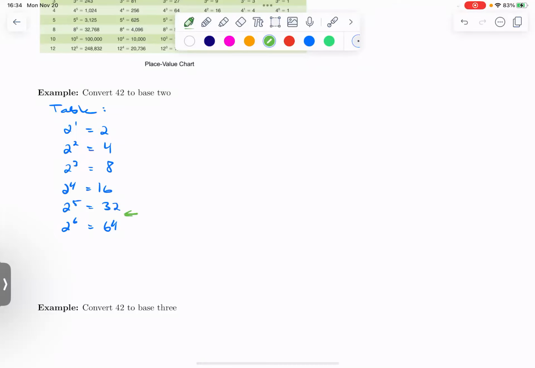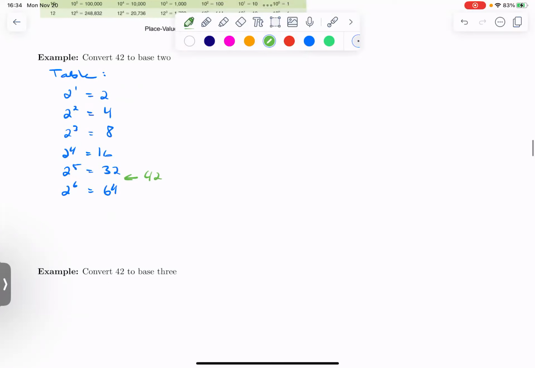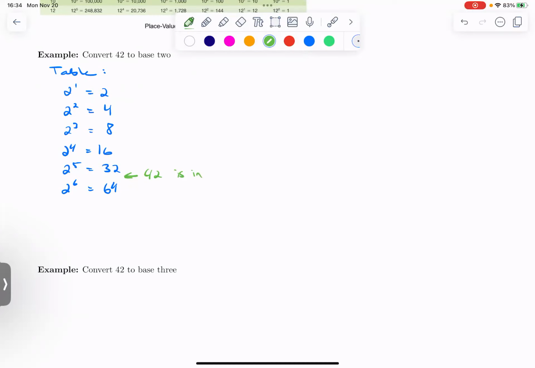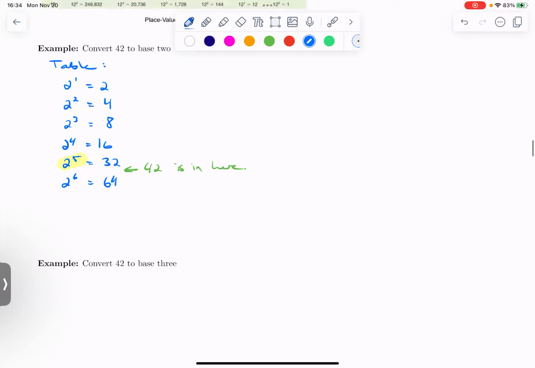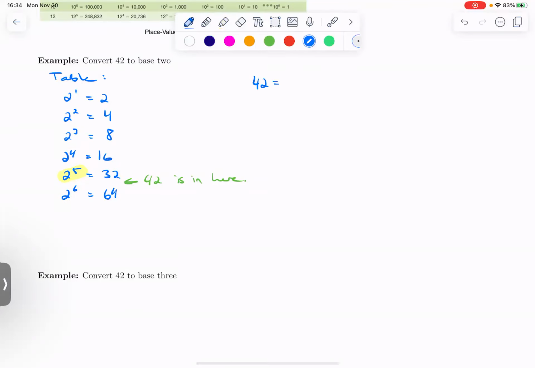So we see that 42 is in here, which means that 2 to the power of 5 is the biggest thing that I could take out of 42 before I run out of little dots. And so now we can rewrite this as 42 is 1 times 2 to the power of 5 plus 10.